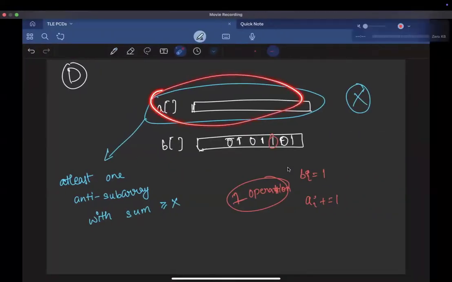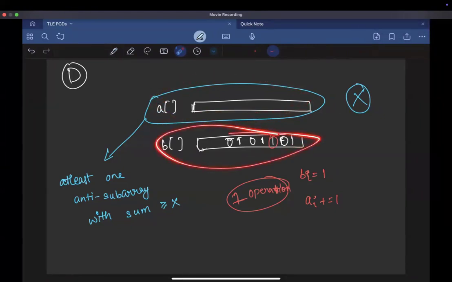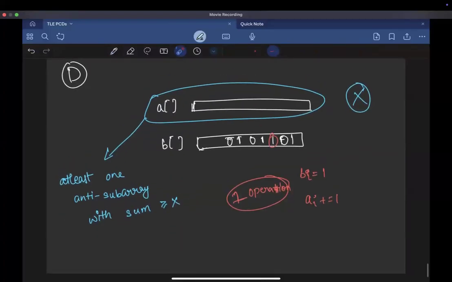We are given two arrays A and B. A is an integer array, B is a Boolean array. We want to make sure that A has at least one anti-subarray with sum greater than or equal to x, and for making sure this happens, we are allowed to make operations. In one operation, you choose an index i such that b_i is 1, and you increment a_i by 1.